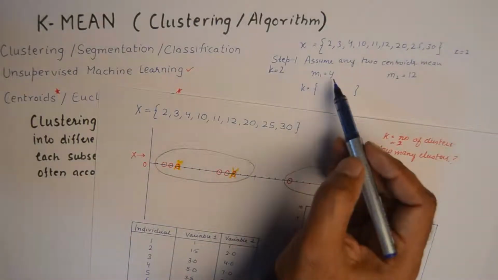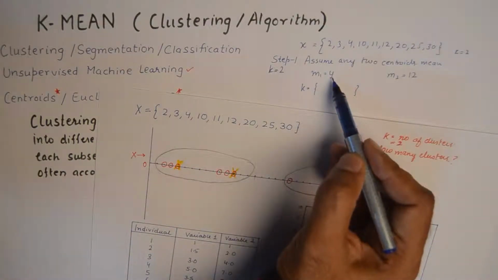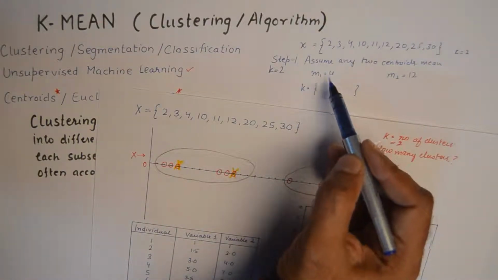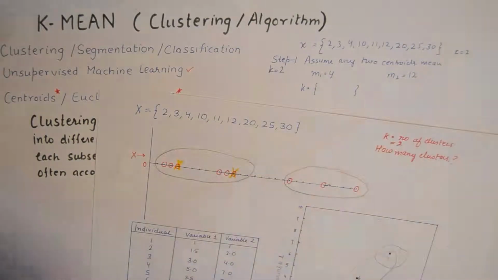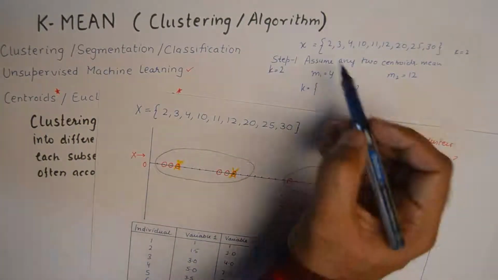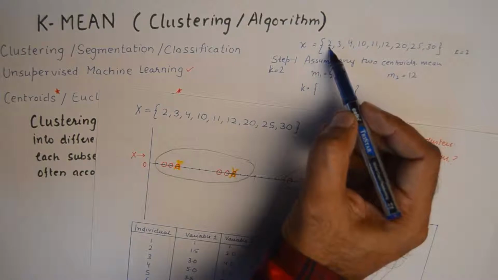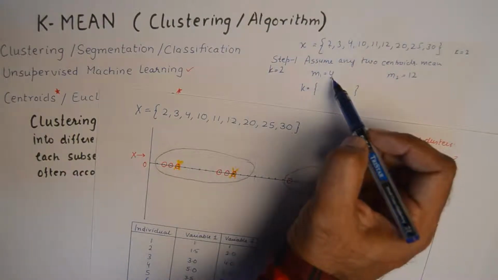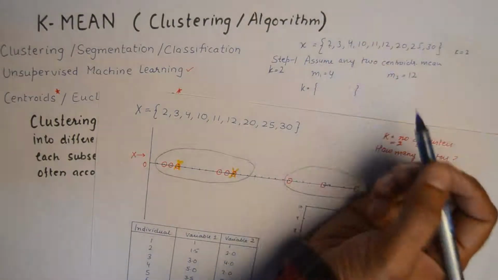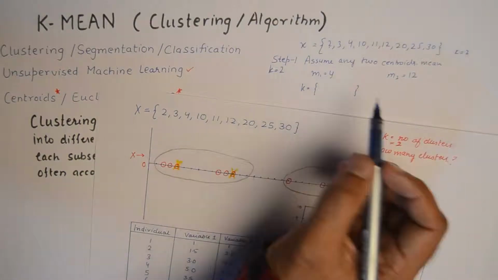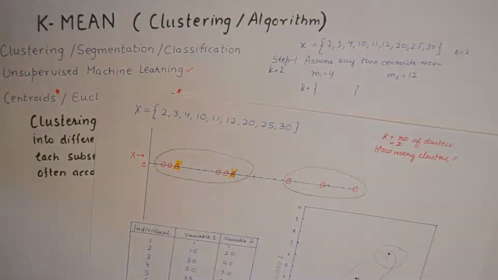Once we select the centroid or the mean as 4, we'll start inspecting the distance of the data points from the centroid, from both the centroids, and the least distance to a centroid will make that data point eligible to be a part of that cluster.